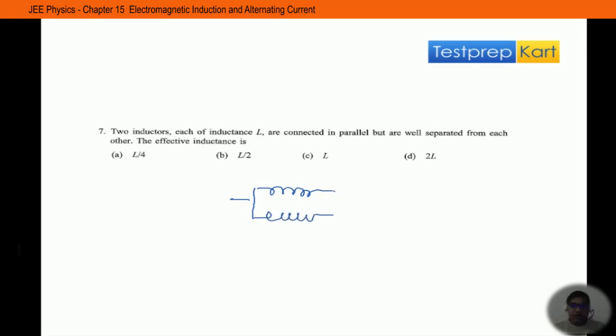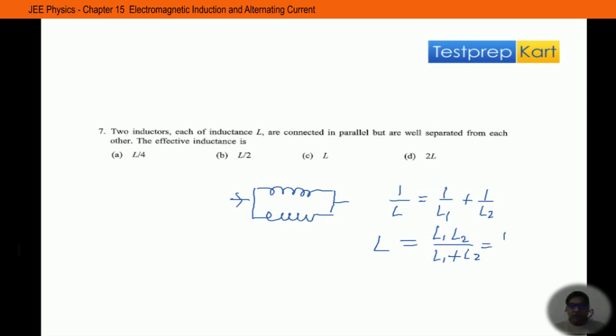So because in this case division of current would take place just like resistance, okay, although voltage will remain same across it, or we can derive in terms of flux, but here I am writing the direct formula as this is 1 over L1 plus 1 over L2, or we can say it is L equals to L1 L2 over L1 plus L2, although both numeric value are same, value of L1 and L2.